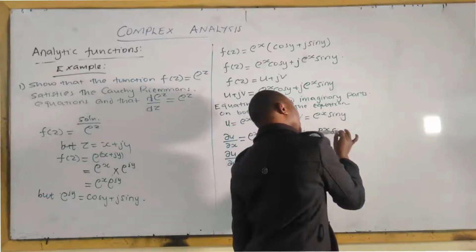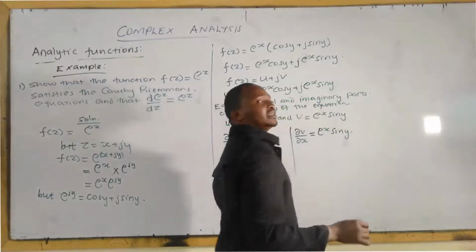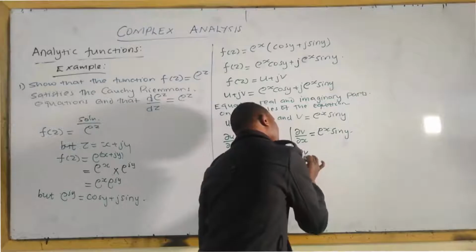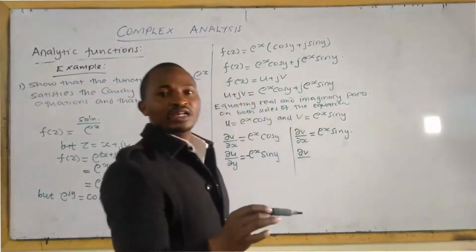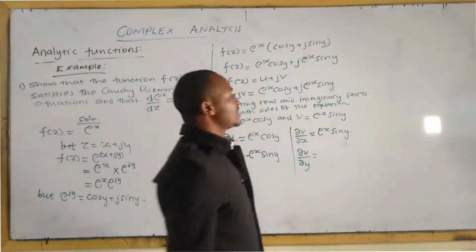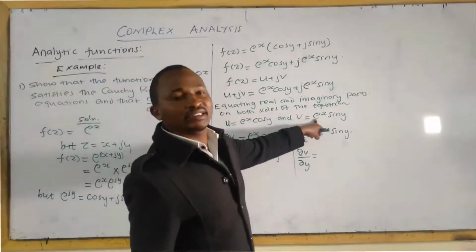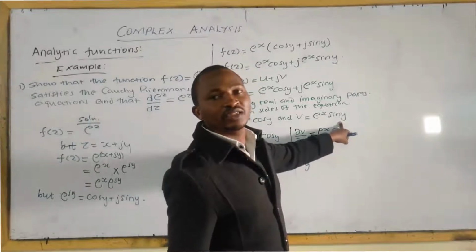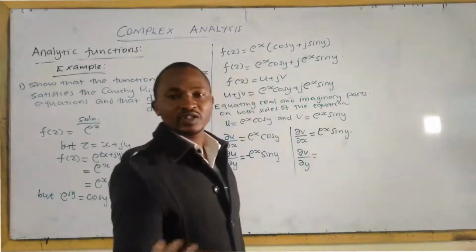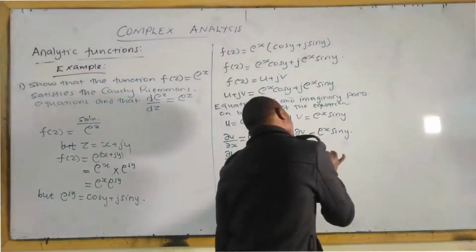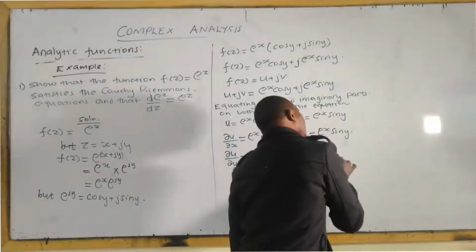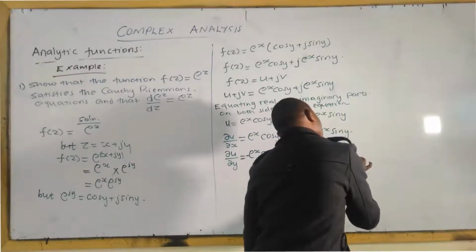Sine we are not differentiating, we are treating it as a constant. Then in the next step, we find the partial derivative of v with respect to y. In this case, x will be treated as a constant, and you differentiate where you have y. Differentiating sine y will give you a positive cosine. So it will be exponential x, because this one is not changing, cosine of y.